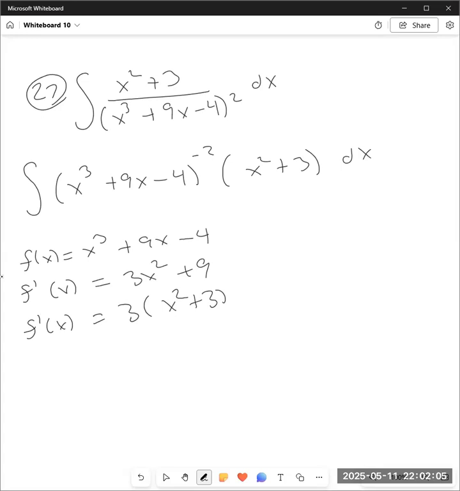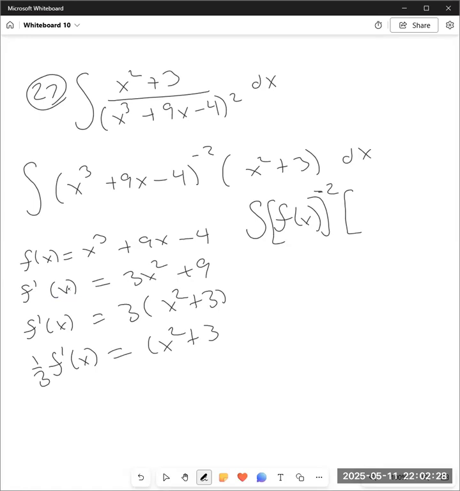So I'm going to divide by 3 on both sides and say 1/3 f prime of x is equal to x squared plus 3. And make that substitution here and say that this is f of x to the negative second times 1/3 f prime of x dx. That 1/3 is going to come out front.